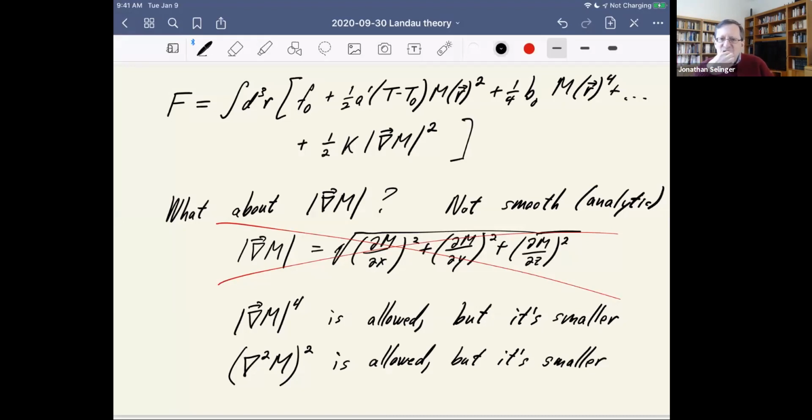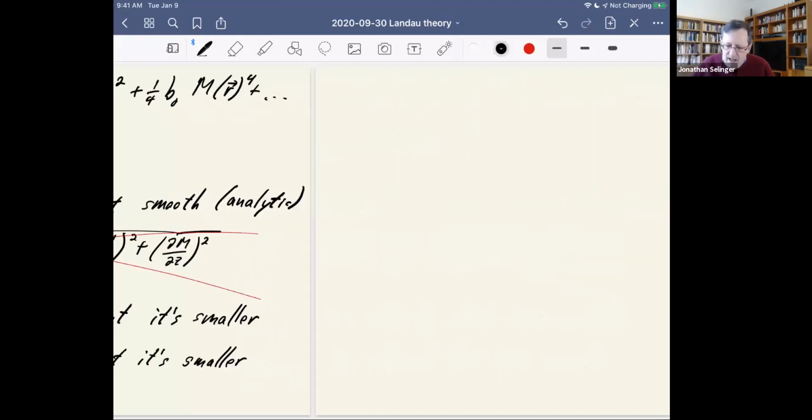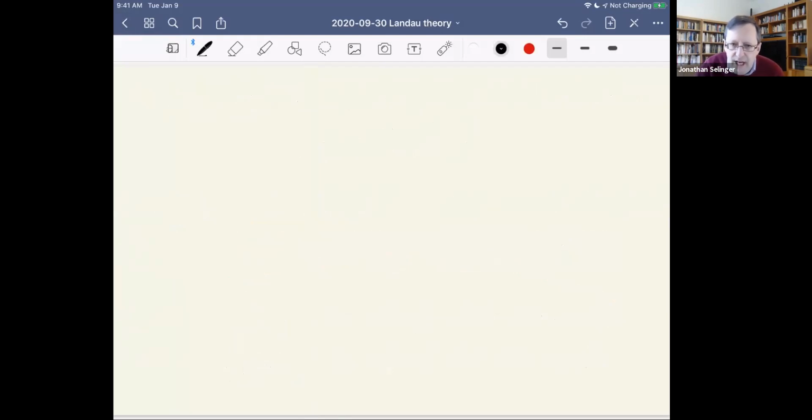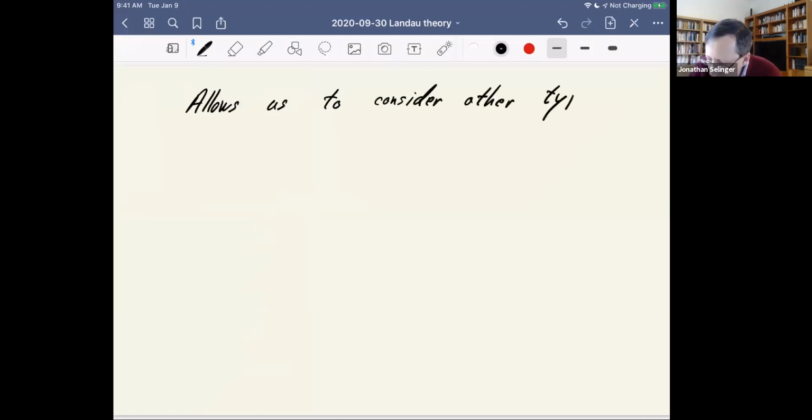Now, I guess the last thing I want to say about Landau theory in general, another feature of Landau theory is that it allows us to consider other types of order parameters. That is, other kinds of mathematical objects.